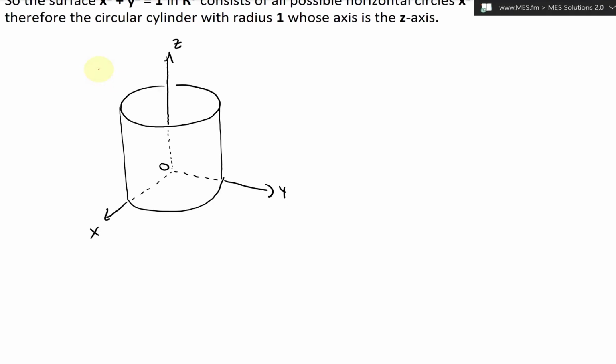And now I'm just going to shade this in red, shade it across, and then shade the inside as well, just to show it's a surface. So this is a cylinder right here.